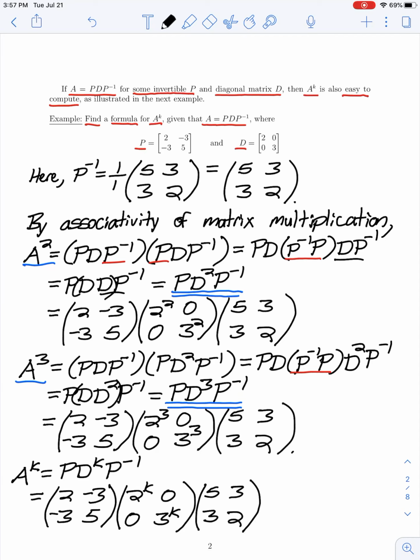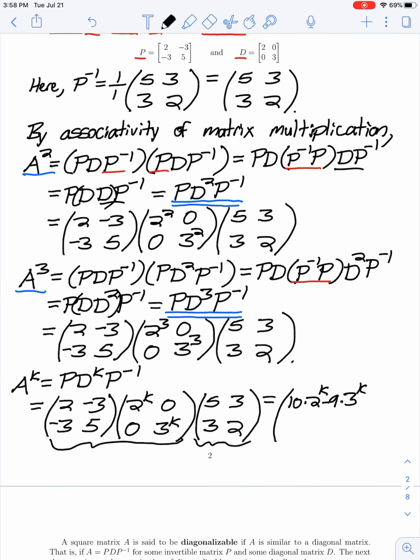So let's see what we get when we multiply these three 2x2 matrices. You could first take the product of these first two and then multiply that product on the right by the following matrix. And you end up with the matrix 10 times 2 to the K power minus 9 times 3 to the K power.